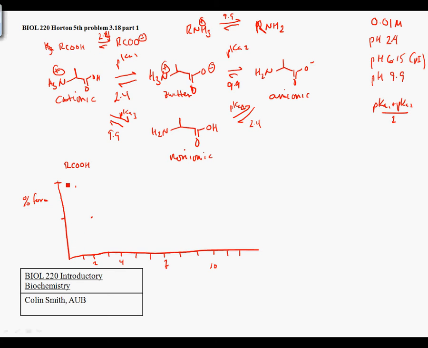So we can do a point here. Likewise, at a pH 1 unit above its pKa, it will be only 10%. So that would be 3.4, 10% of that form, and at 4.4, 1%.